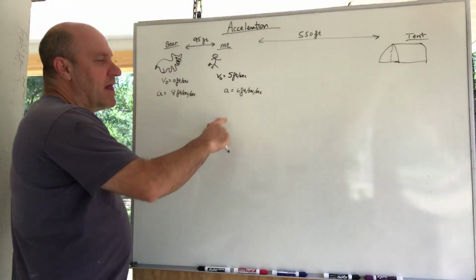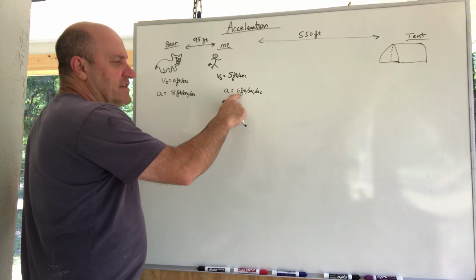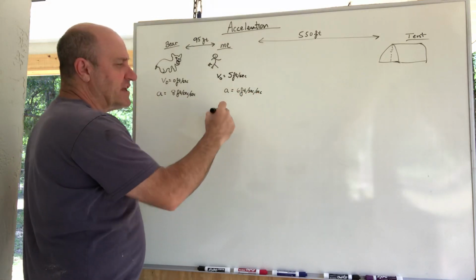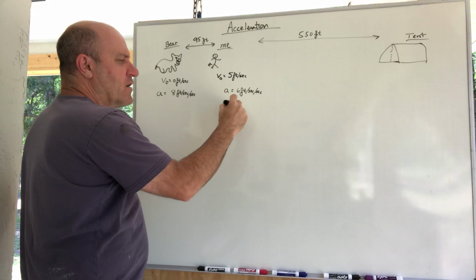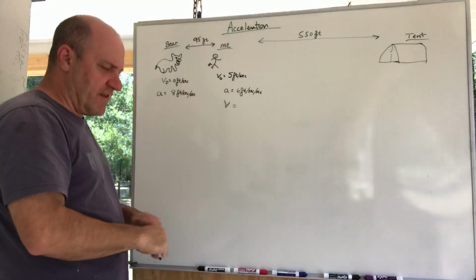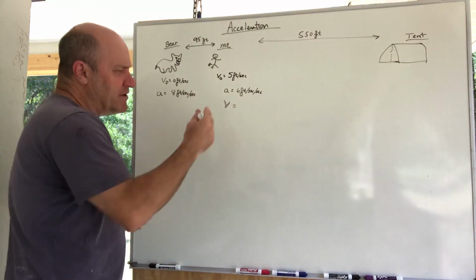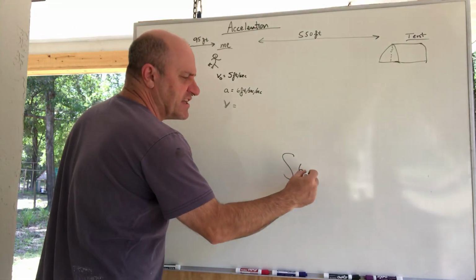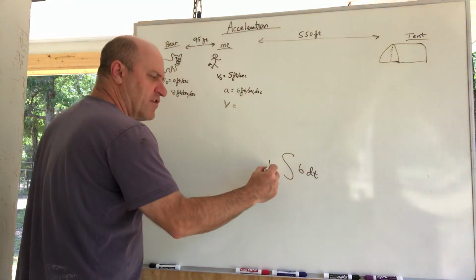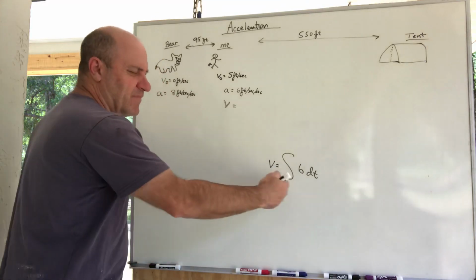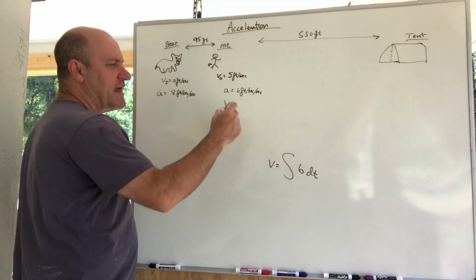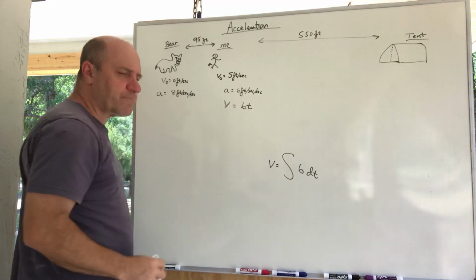Let's start with me. So I'm integrating the number 6, and when you integrate acceleration, you get velocity. It's easy. You integrate with respect to t. The notation is I'm integrating this 6 with respect to t, and when I do, I get velocity. I get 6t.